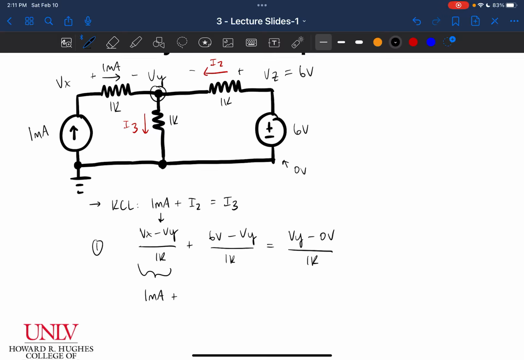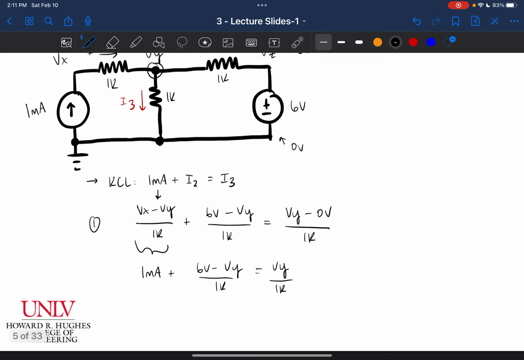But if I say 1 milliamp plus 6 volts minus Vy over 1K is equal to Vy minus 0 volts over 1K, I can get rid of the 0 volts there and just write Vy over 1K. And now I'm left with an expression that only has one unknown, right? I only have Vy as an unknown. And once I find Vy, like I said, I can use this expression here, that 1 milliamp is equal to Vx minus Vy over 1K, and then I can just solve for Vx.